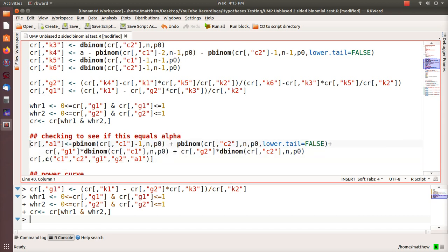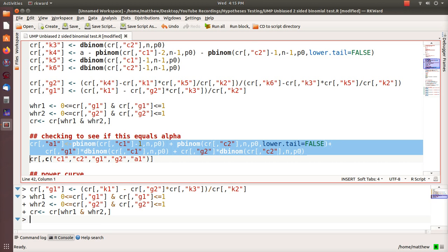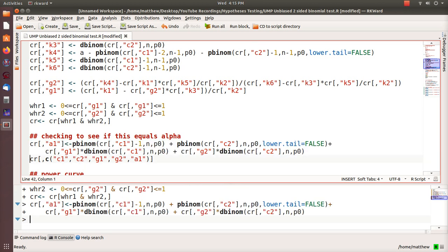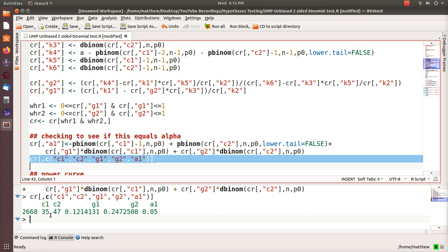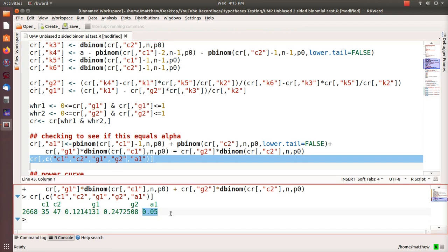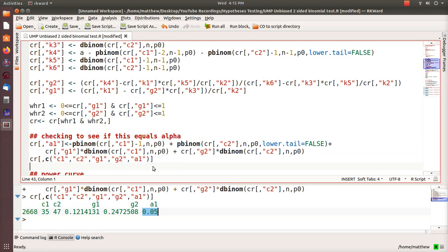So let's calculate the type 1 error, or the alpha level. That's what this does, and now let's check what it says. Our cutoffs are 35 and 47. The gamma 1 and gamma 2 are these, and in calculating the type 1 error, it is a 0.05 level test.